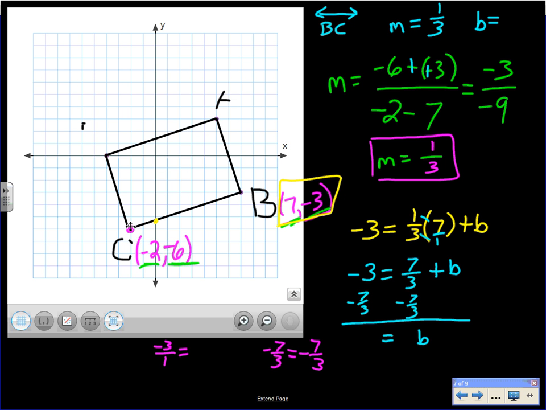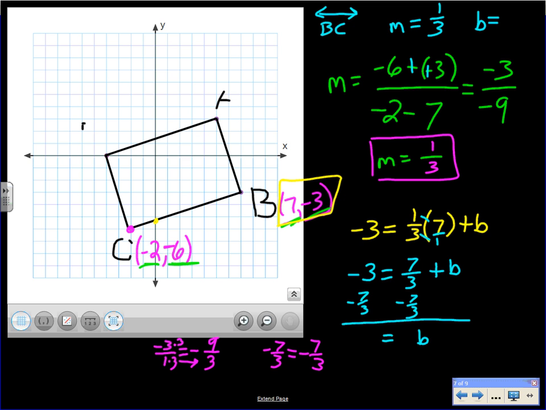We know a negative divided by a positive is a negative, and we know the common denominator is going to be 3. So we have to multiply that 1 on the bottom by 3 to get the 3 as a denominator. So we have to multiply the 3 on top by 3 to get 9. So now we have a new problem.